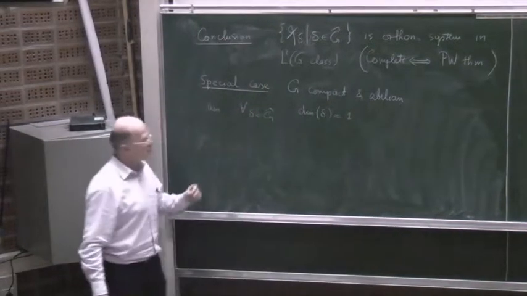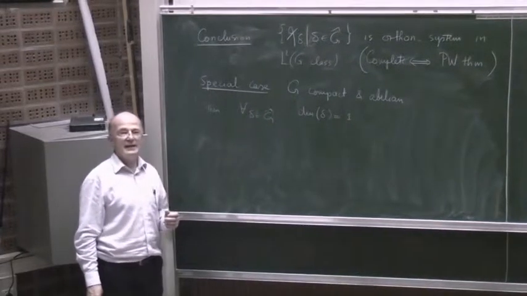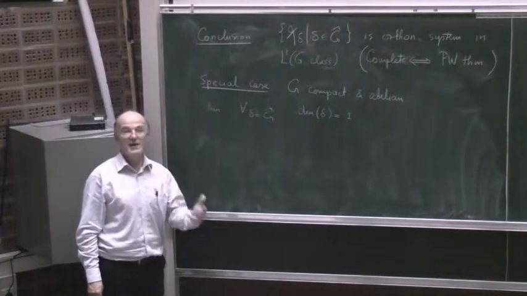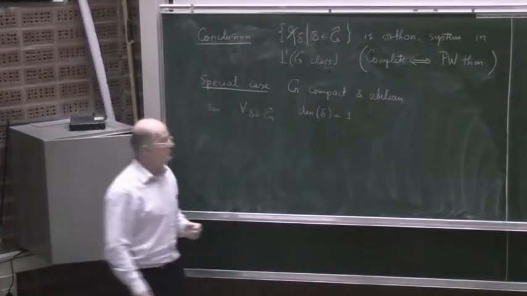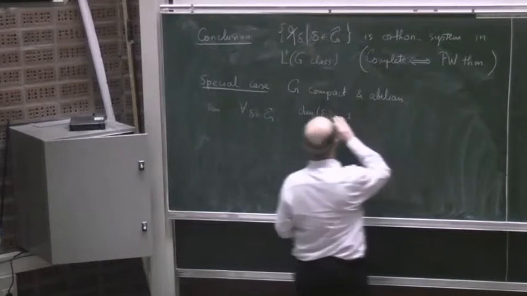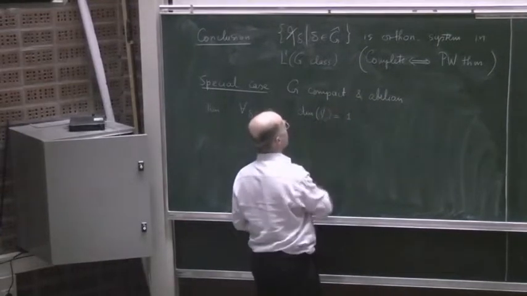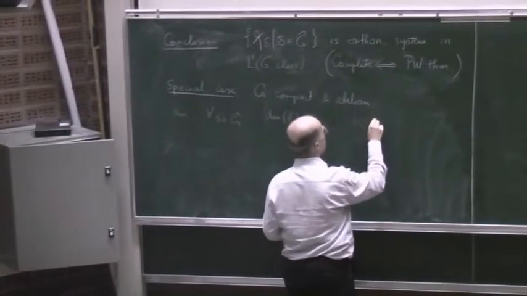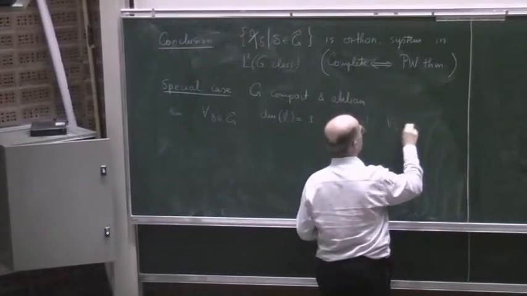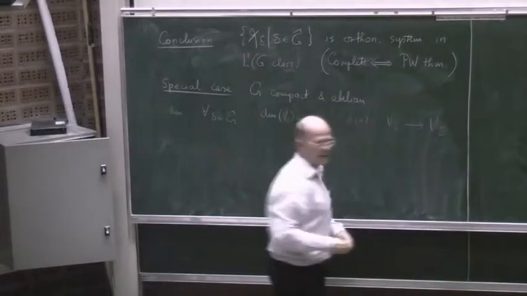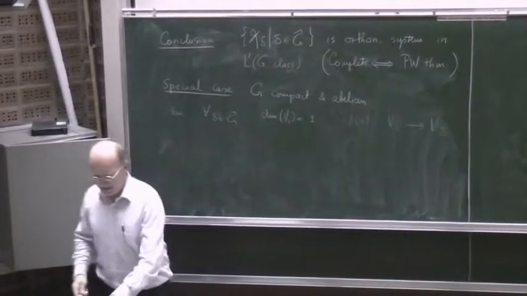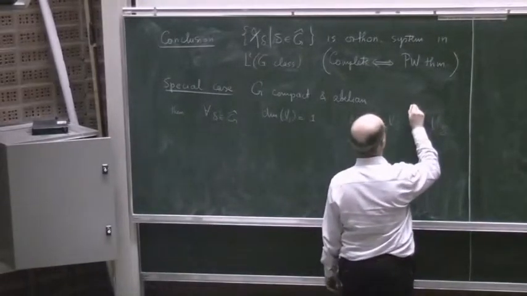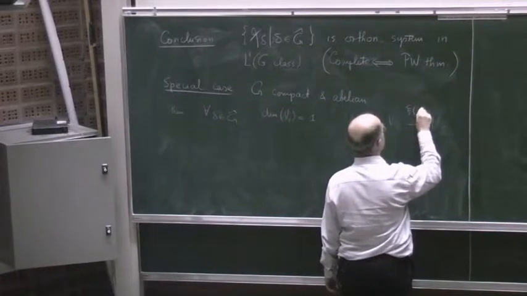Well, that means that basically this representation is given by scalar multiplication, right? So the dimension of the representation space V delta is 1, and that means that delta of x is a linear map from V delta to V delta, but this linear map is scalar multiplication, say multiplication by some psi of x.